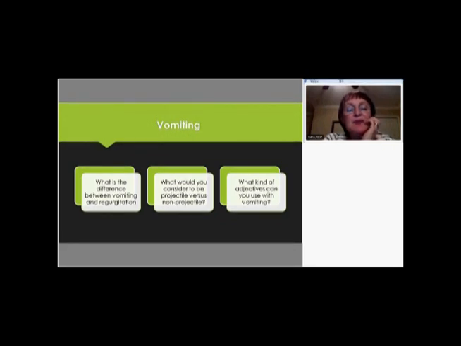What is the difference between vomiting and regurgitation? There are notes on these slides too underneath, so you'll have those when you get the PowerPoint. What's the difference between vomiting and regurgitation?